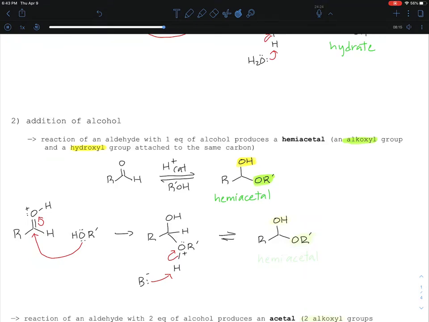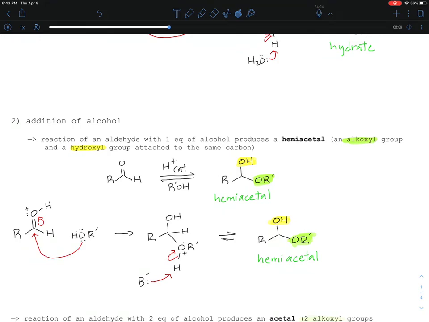So there's the hemiacetal. We've got our hydroxyl group and our alkoxyl group attached to the same carbon.